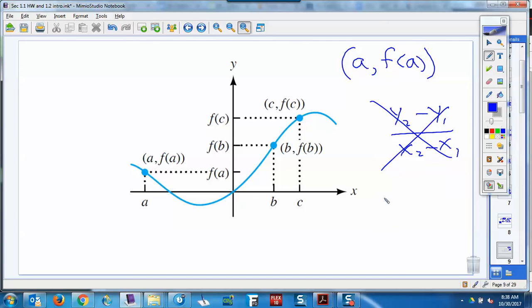We're going to think of slope between 2 points this way. It's the same thing, but it's just using your a and b inputs, and then those are your y values right there. f of b is a y value, f of a is a y value. Whenever you hear f of 2 or f of a or f of b, you think y value. So just some notation to get used to.